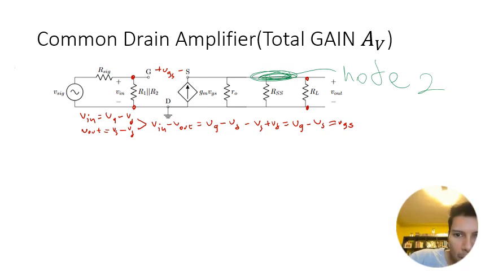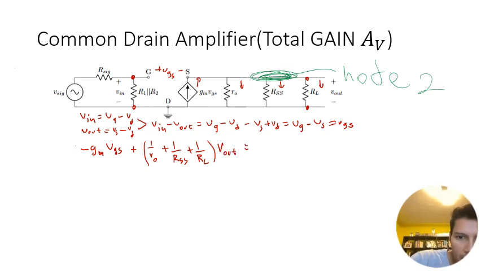We're going to assume that going out is positive, so we're going to have negative gm VGS plus (1/ro plus 1/Rss plus 1/RL) times V_out equals 0.